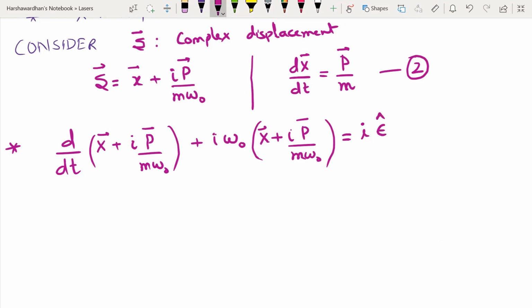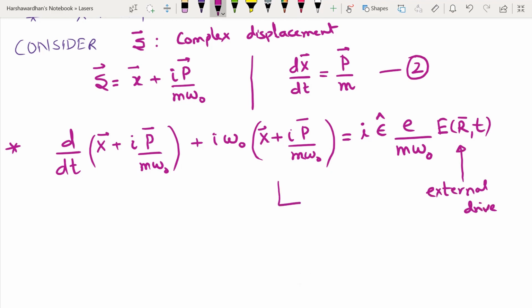Epsilon continues to be the polarization associated with my real driven system, and it is e by m omega naught times capital E(t), which is precisely the external drive. Let me call this equation number three.